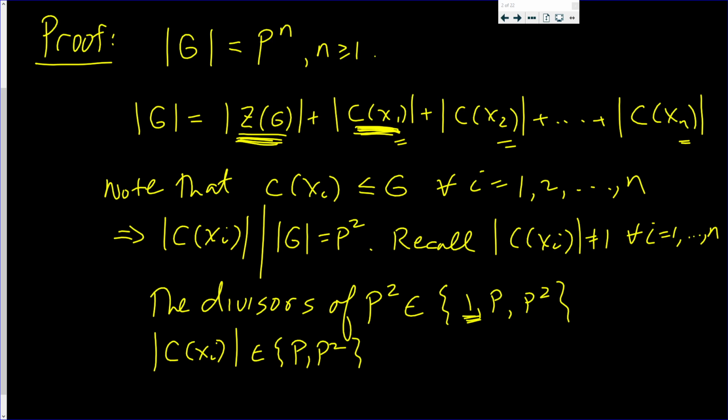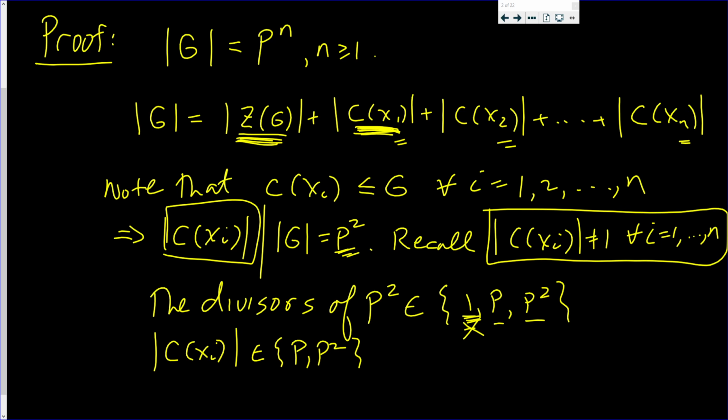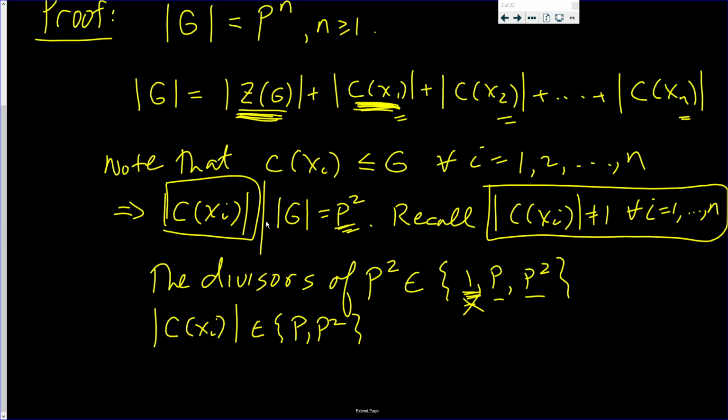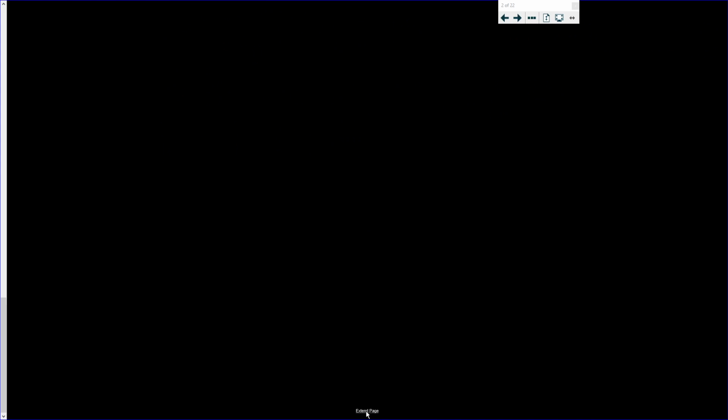It must divide p squared, so either it's 1, p or p squared, but it's not 1 by definition of the length of the class. So what we know is that the order of each class must be at least p.